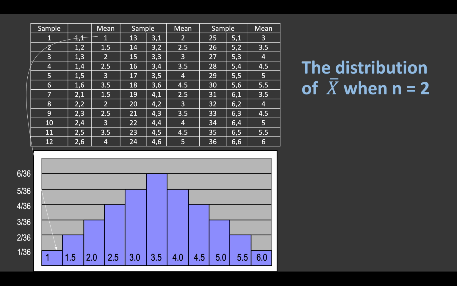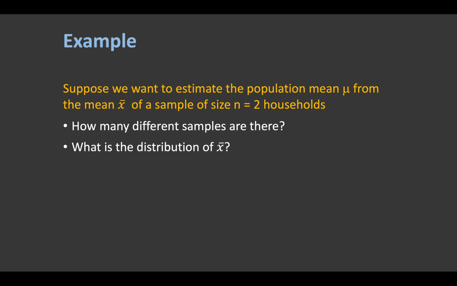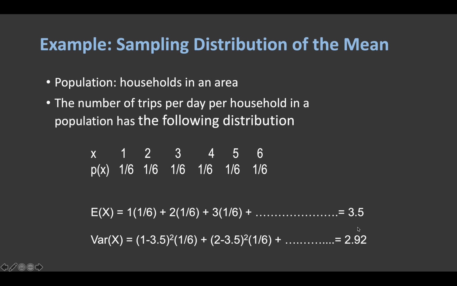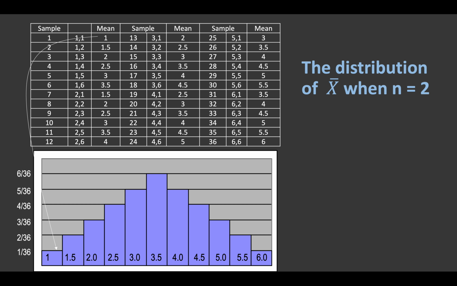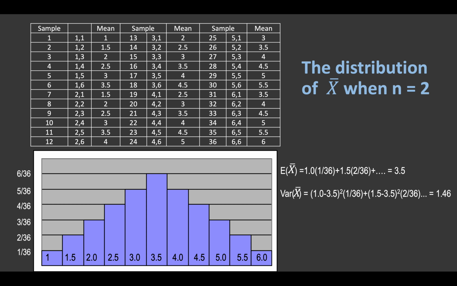Notice before, for the entire population, the variance was 2.92. But here, when n equals 2, the variance we calculated is 1.46.